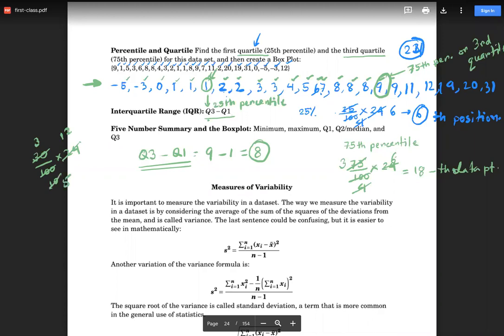So 3 times 12 is 36 divided by 5, which comes out to be 7.2. Sorry, 7.2, I meant. Now, what do we do in that case? There is a fraction or decimal involved, right? In that case, just only for finding the quartiles.